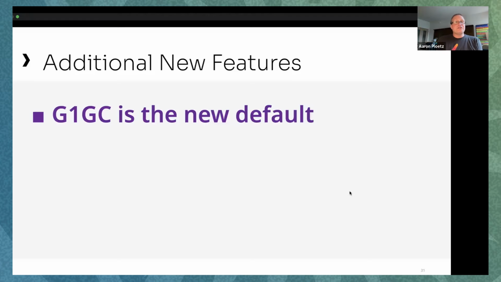For Cassandra 5, G1GC is a new default. If you've been in the community for a while and maybe you're on the dev mailing list, this discussion has come up a lot of, hey, should we change the default garbage collection strategy that's used with Cassandra?